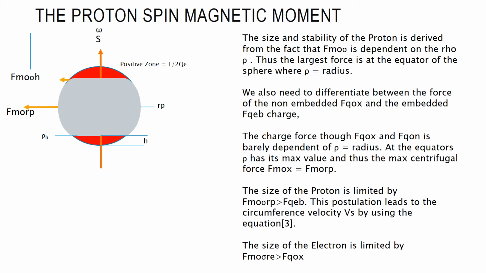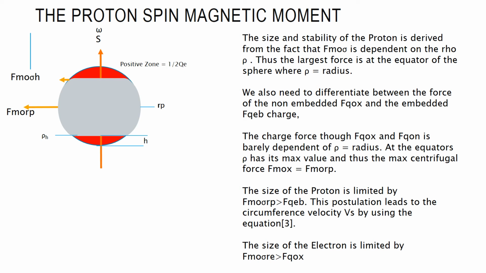That means the external attons that can only handle the FQOX force are basically forced to exit the proton, and so they can only stick to the proton up at the poles. And that leads to this interesting construction of the proton.